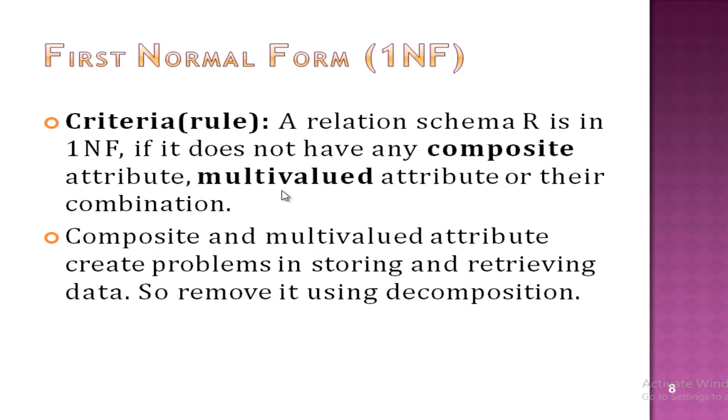For example, our contact number. So if a contact number contains more than one number, that is considered a multi-value attribute, right? So composite and multi-value attributes create a problem in storing and retrieving the data, right? So remove them using decomposition. Okay, so this is about the criteria of first normal form.